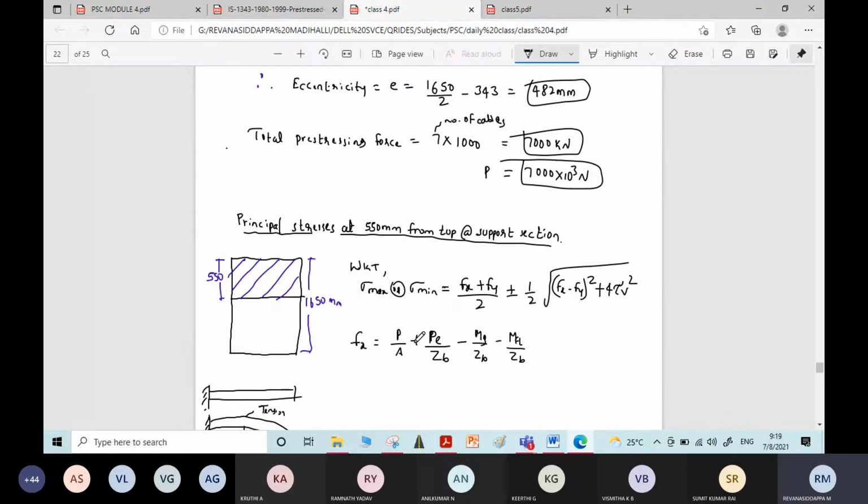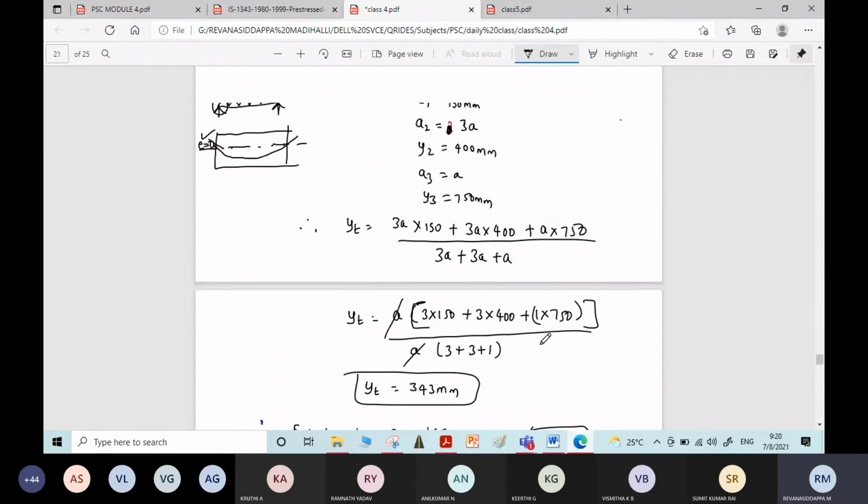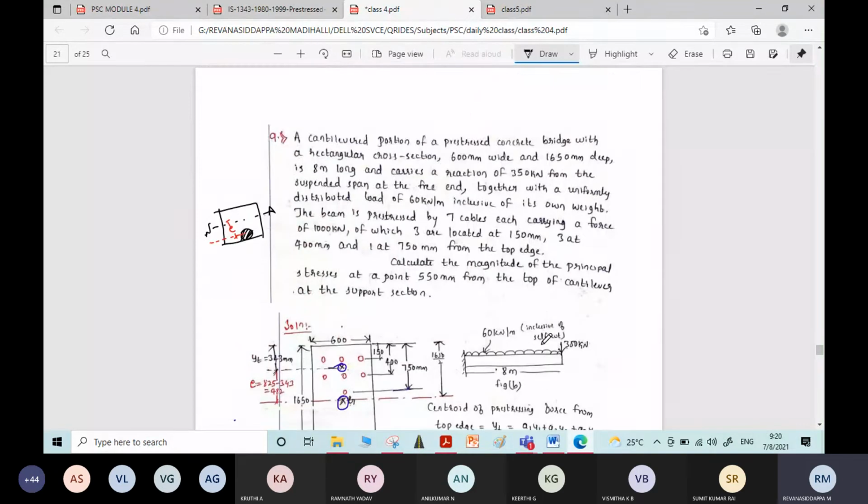In all previous problems, simple support and 0 eccentricity was given, so it was just P by A. Is that clear for you all, students? Any doubts here? No, sir.